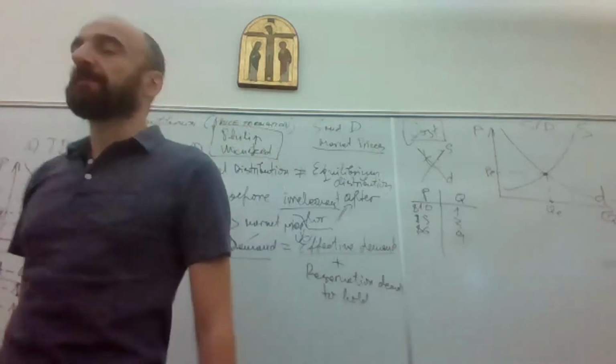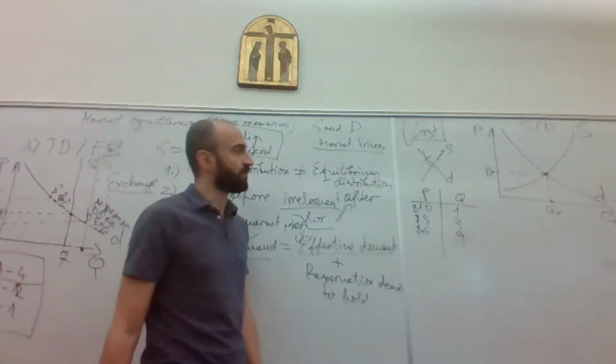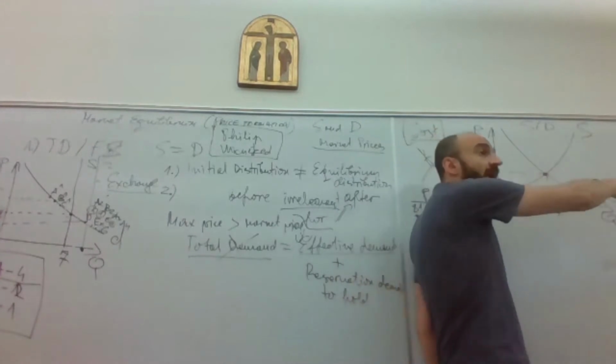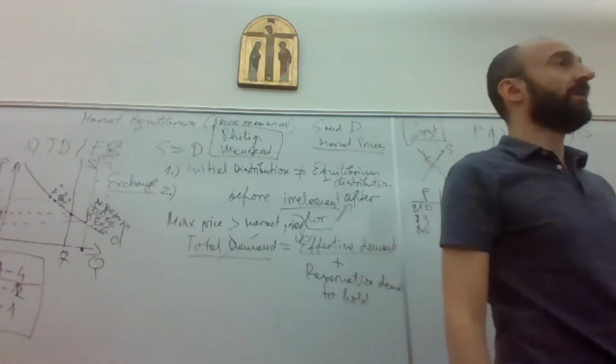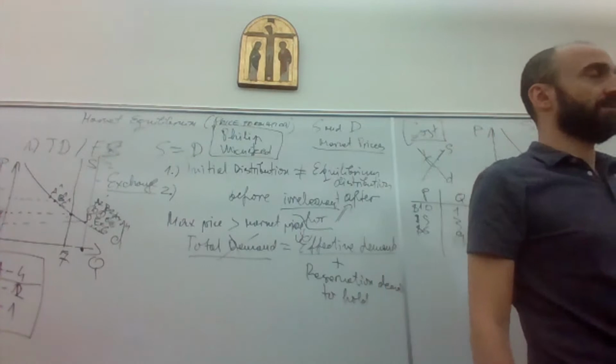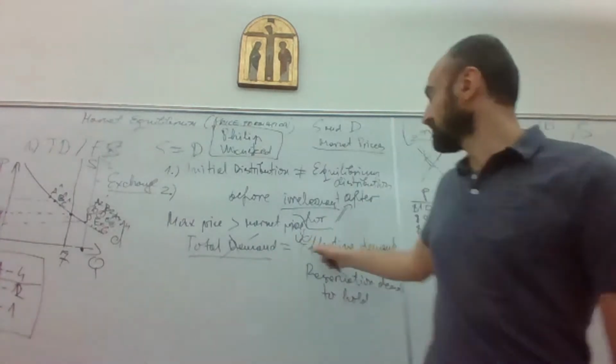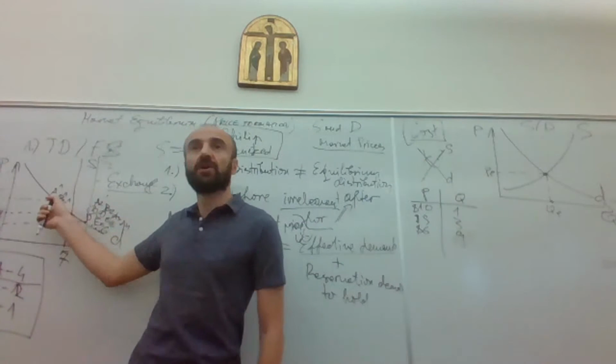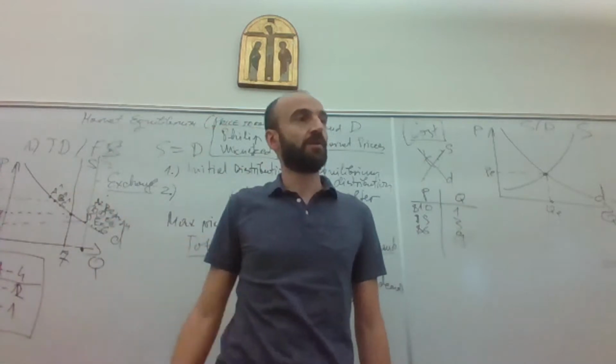The inverse relationship between the price and quantity demanded. But this demand here describes just how many units will change hands at any given price, which corresponds to the effective demand part of this curve here.